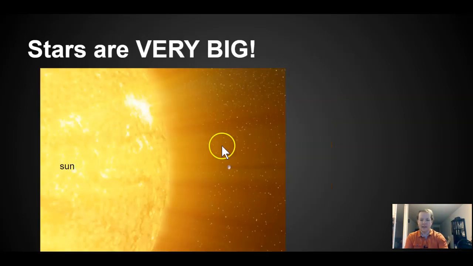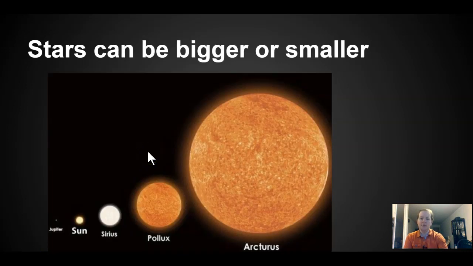So again, here's the sun. Now, let's say the sun is this size. Here is another star called Sirius. Sirius is bigger than the sun. This is another star, Arcturus, very far away, but it is much, much bigger than the sun.